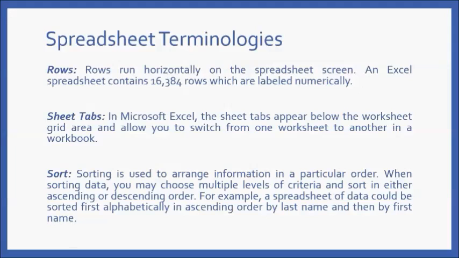Sorting is used to arrange information in a particular order. So when sorting data, you may choose multiple levels of criteria and sort in either ascending or descending order. So for example, a spreadsheet of data could be sorted first alphabetically in ascending order by last name and then by first name.